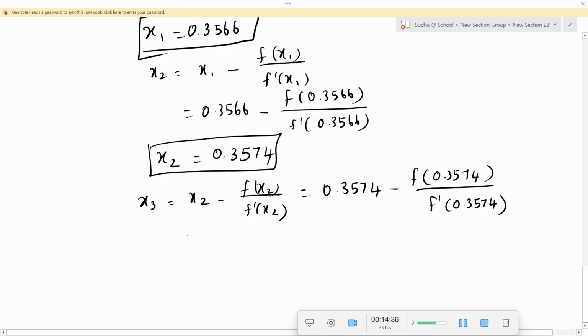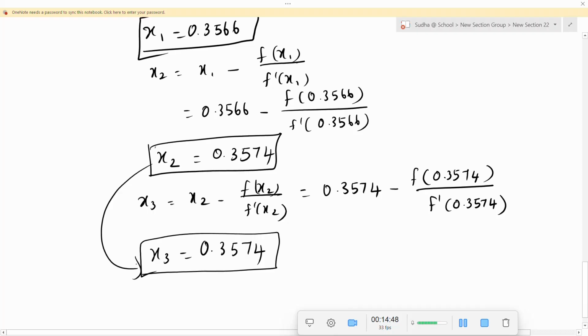So using a calculator, simplify this, then we'll get the value for x3 as 0.3574. So x2 and x3 are exactly repeated, correct to 4 decimals. So then we have to stop the process.